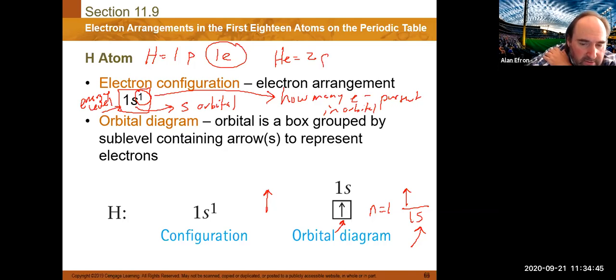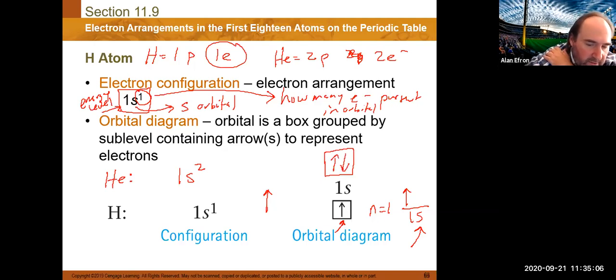So for example, if we went to helium on the periodic table, helium is number 2. That means it has 2 protons, and if it's neutral, should have 2 electrons as well. And if we were to write the electron configuration for helium, it would be 1s2. And if we were to do the orbital diagram for helium, we could put one up and the next one would go down in our 1s orbital.